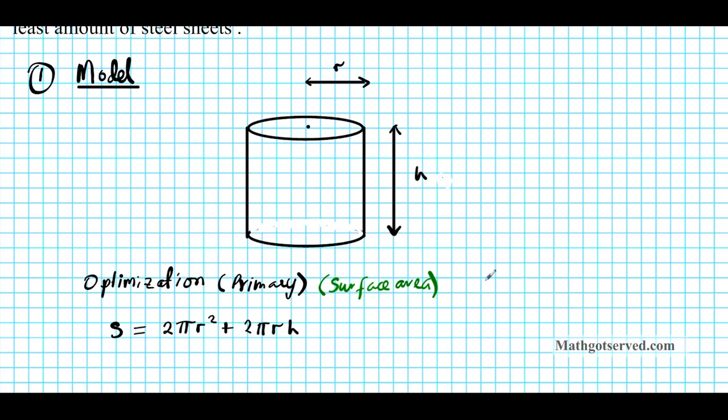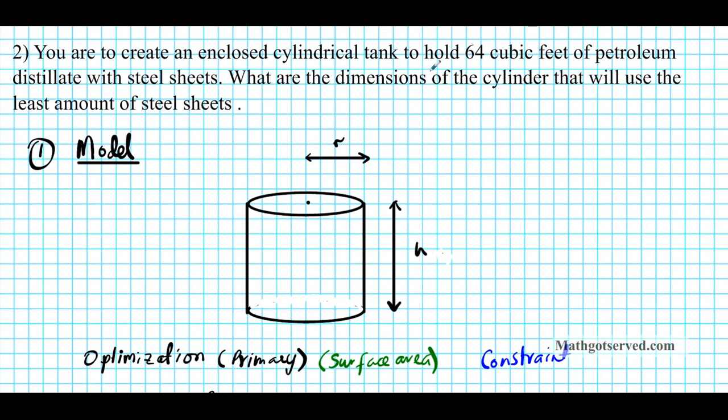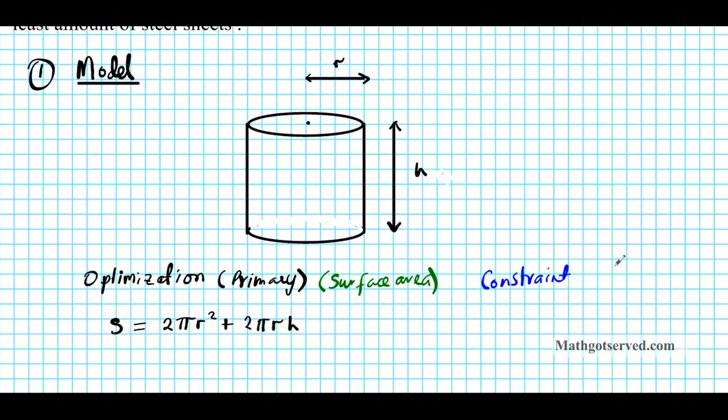So constraint function, constraint. What is the constraint here? What are we constrained by? What is the limit? How much liquid are we supposed to hold? We're supposed to hold 64 cubic feet. So the constraint is the volume, okay? So we're constrained by the volume, which has to be equal to 64 cubic feet. Okay, so there goes our constraint right there.